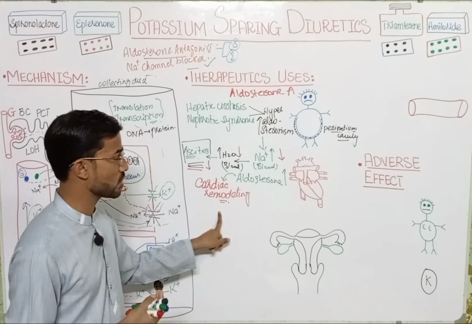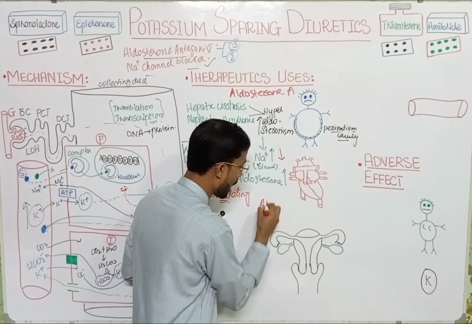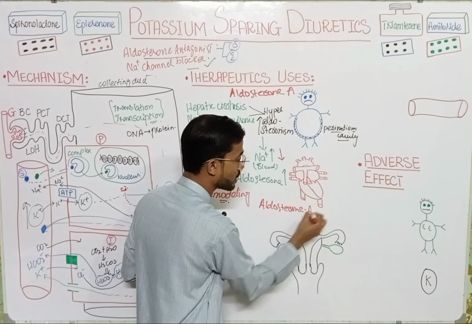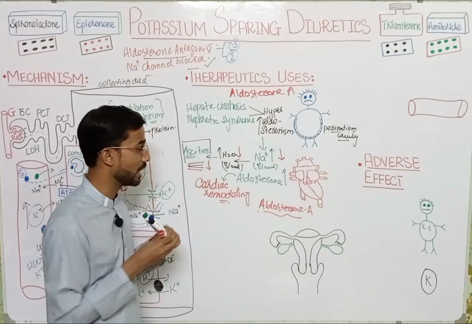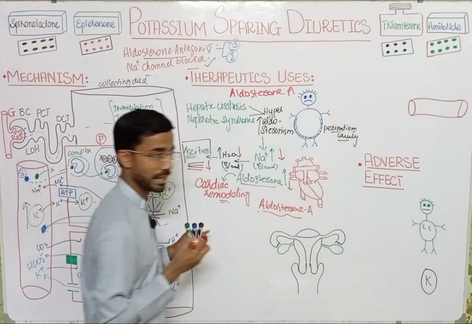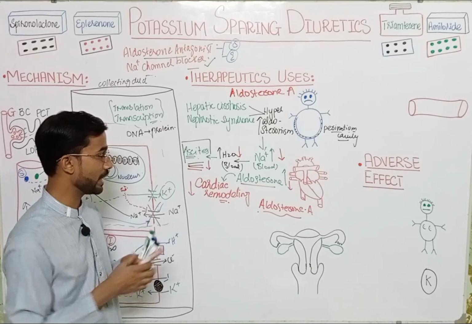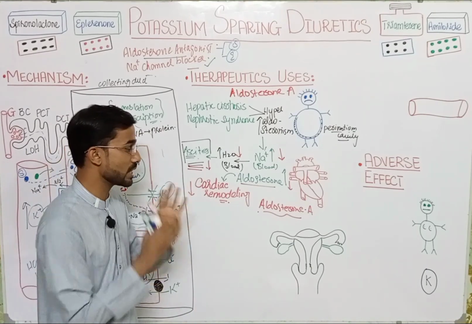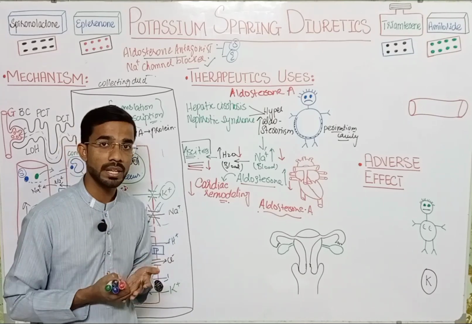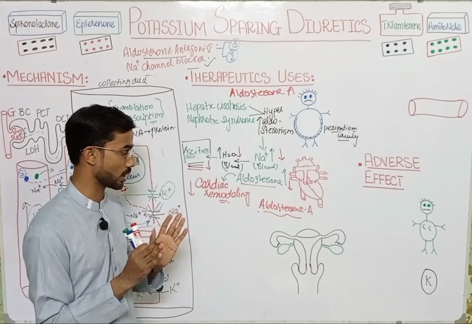So if we take the aldosterone antagonist, then ultimately what will happen? The concentration of aldosterone will decrease, and ultimately it helps in the treatment of cardiac remodeling. So this is how potassium sparing diuretics help in the treatment of cardiac remodeling.